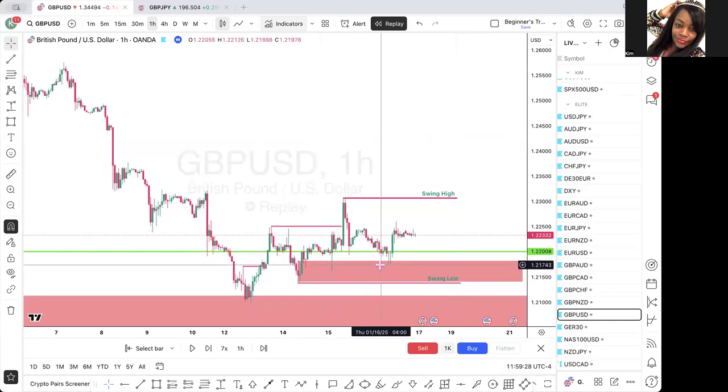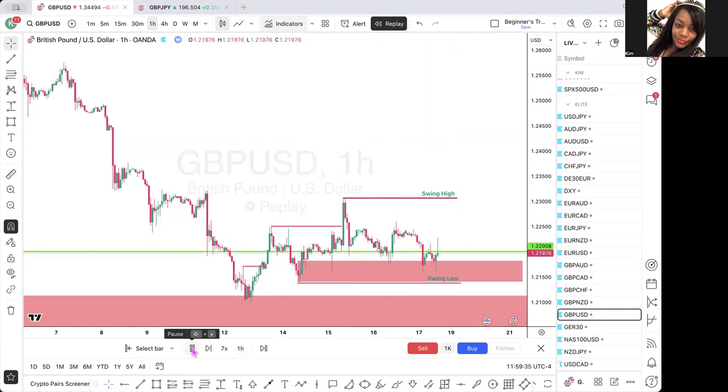This right here would be valid for me. So as we can see, price tapped into there, came back a couple of times, tap. As long as it's not breaking my swing low, I'm good. I don't sweat, I don't blink. I'm going about my business. I'm not even looking at the trade.